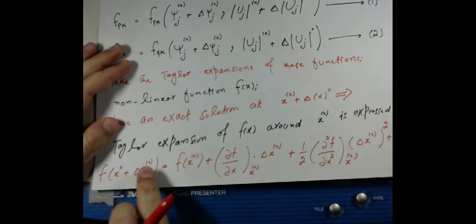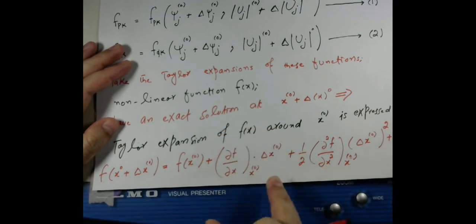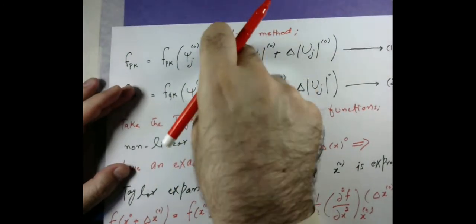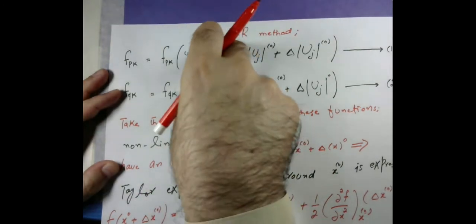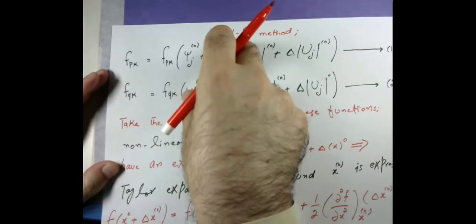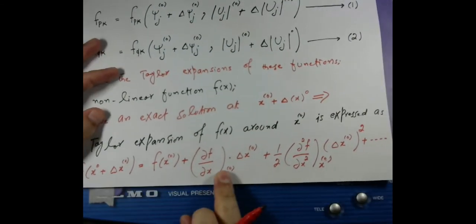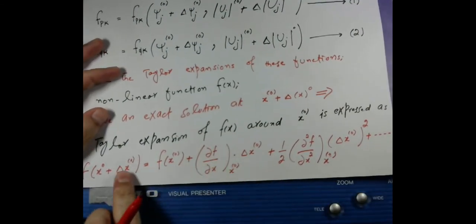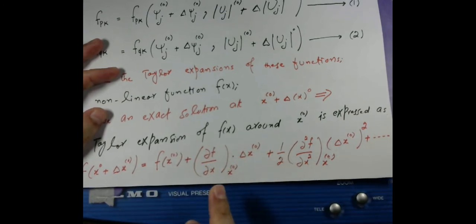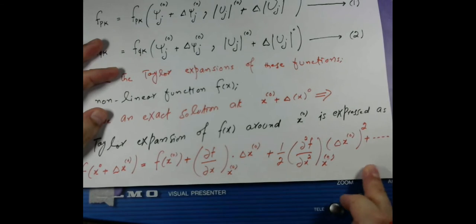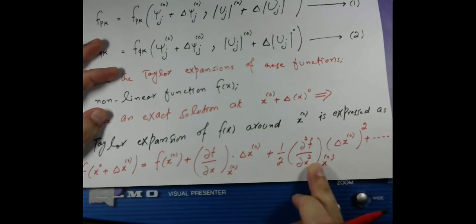First we write the general form of this function, and then by analogy we will also take the Taylor expansion of the power flow equations based on the estimates. So this is the general form of the Taylor expansion of a function f of x around x0. It is expressed with the help of these first three terms, let's say.